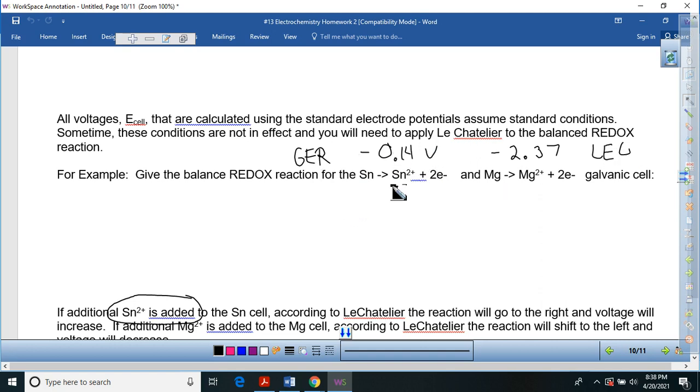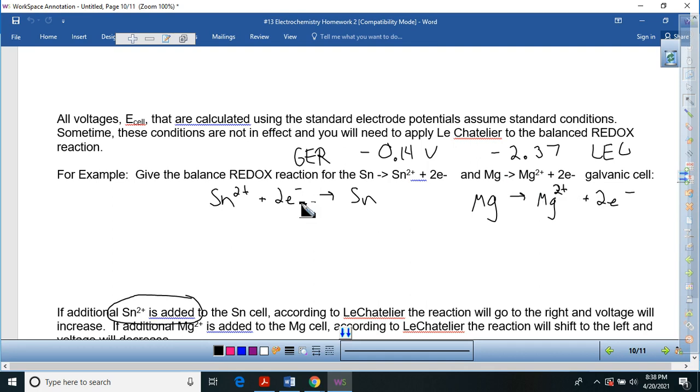So when I write my half reaction for the tin, I need to show it gaining electrons. When I write my half reaction for magnesium, I need to show it losing electrons. So the electrons should be on the right. Okay, now I'm going to take my two half reactions and bring them together just like we did when we were balancing redox reactions.